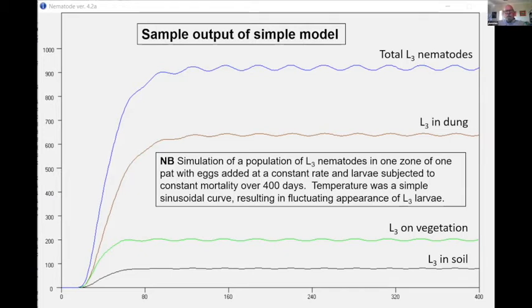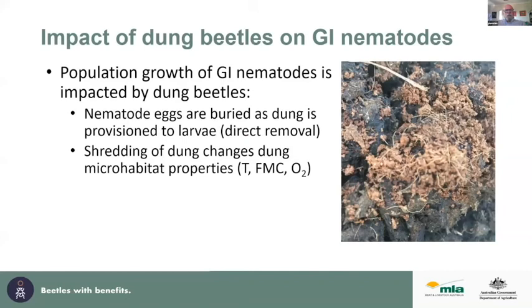However, it gets more complicated when we look at the impact of dung beetles on this whole situation. Dung beetles are known to impact gastrointestinal nematodes in dung in a couple of ways. First, we can get outright removal of the larvae and eggs from the population by burial of dung by the burying dung beetles.